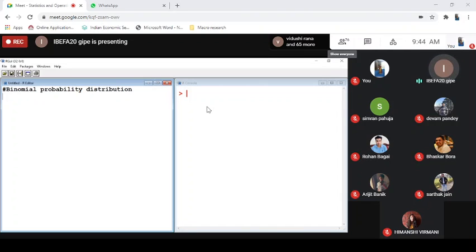So my variable here, x, will be the possible values.